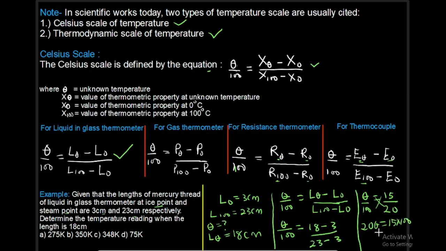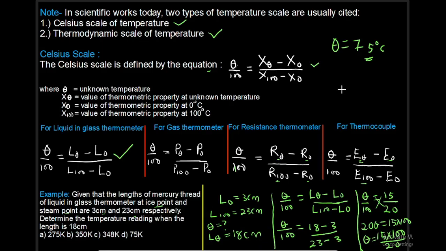So to get the unknown temperature, divide both sides by 20. So we have theta to be 15 times 100 all over 20, which is 75 degrees Celsius.